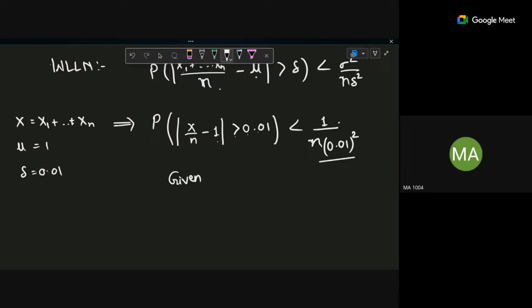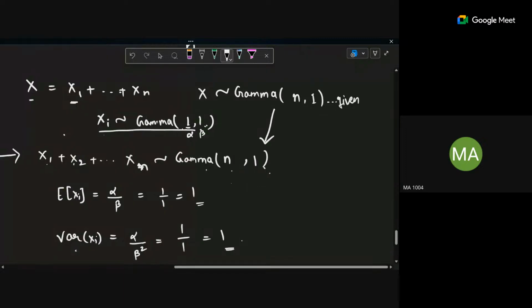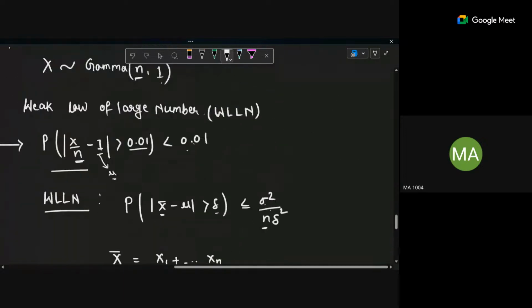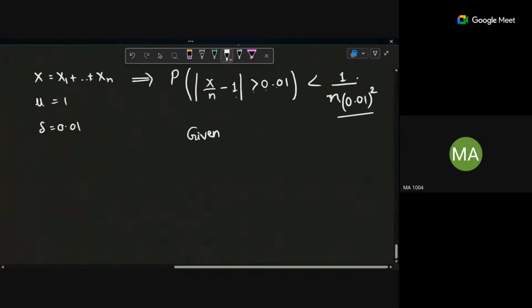So just consider what has been given to you. Yeah, this one. See, it is given that probability that x by n minus 1 greater than 0.01 will be strictly less than 0.01. Fine, this was given to us.